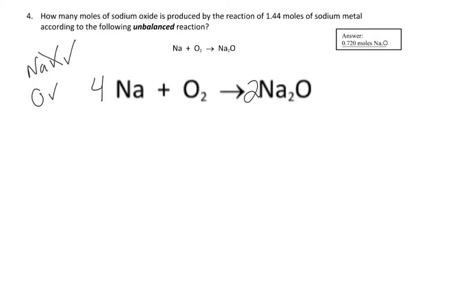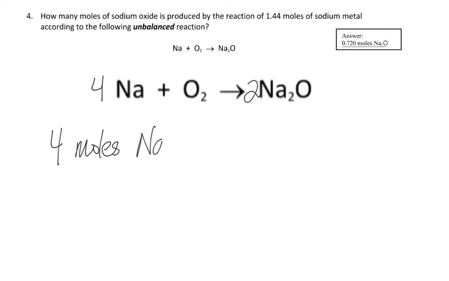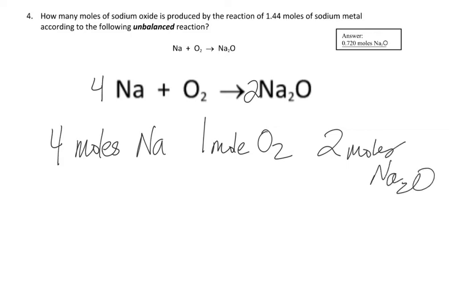So let's look at actually solving this problem. So it's not that bad. What we're looking at here is already moles. So we are already looking at 4 moles of sodium reacting with 1 mole of oxygen and producing 2 moles of sodium oxide.